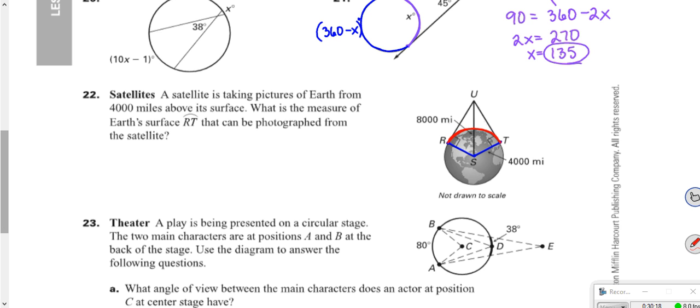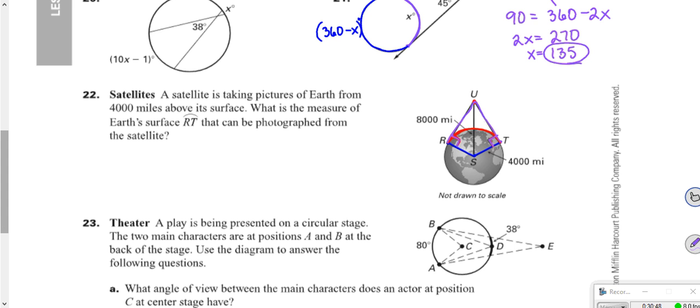Well, you'll notice here that they also draw these triangles. You'll notice that those are right triangles. So U is just an external point. UR is perpendicular to RS and UT is perpendicular to TS. Maybe I ought to make those purple. It's part of that triangle.